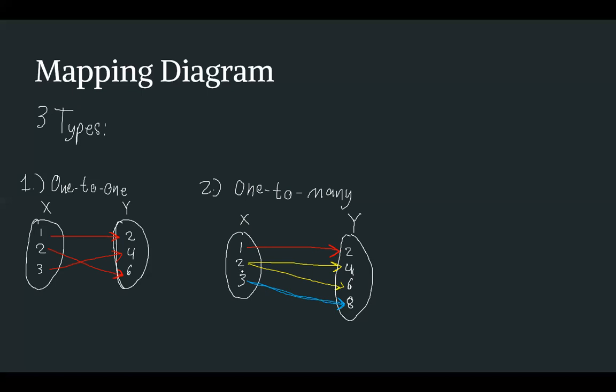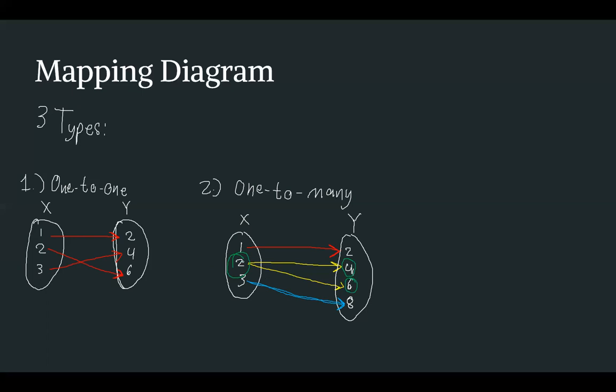However, in this part, we see 2 is matched to 2 elements in set Y. So 2 to 4, 2 to 6. This is one example of a one-to-many diagram, in which 2 is matched to more than one element in the other set.